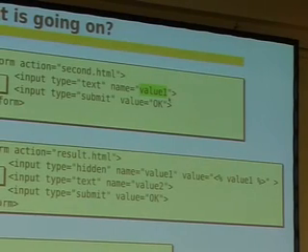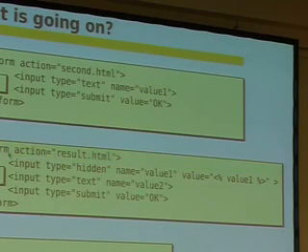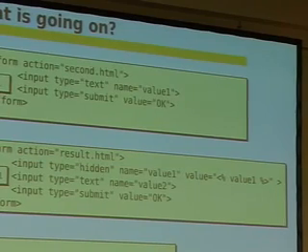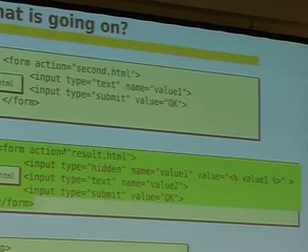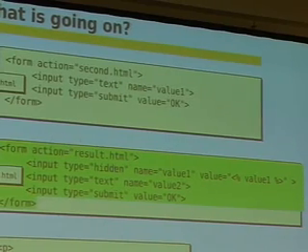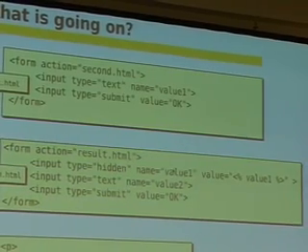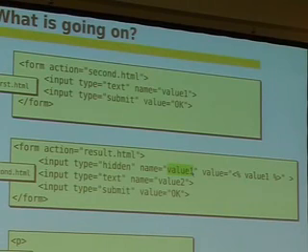So after rendering that and clicking on the link, second.html will be called, and this is this HTML here. And here we see that what we need to do to be able to add two numbers together is to make a hidden field that gets the value that we handed over as a parameter.